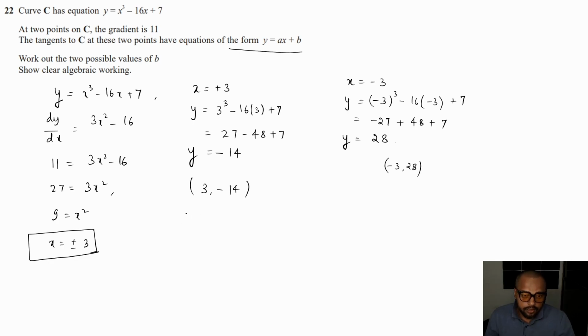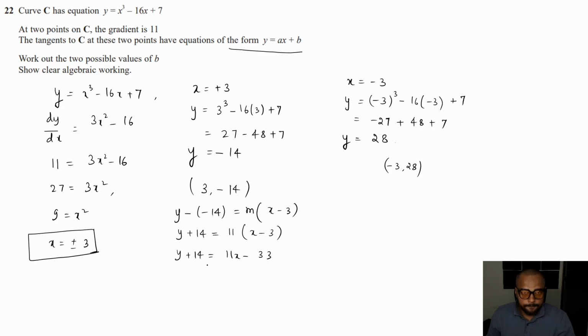For this part, y − (−14) = m(x − 3). So from here we can see y + 14 = m(x − 3), where m is 11, since the gradient is already mentioned in the question. So y + 14 = 11x − 33.